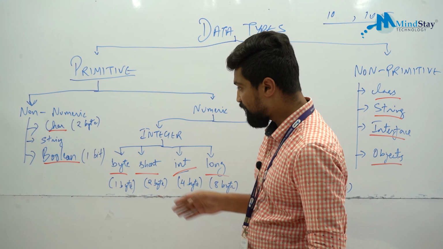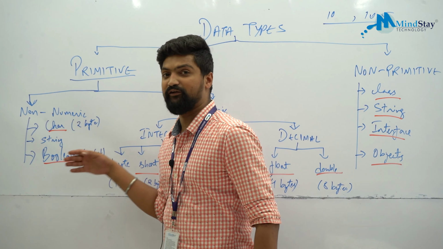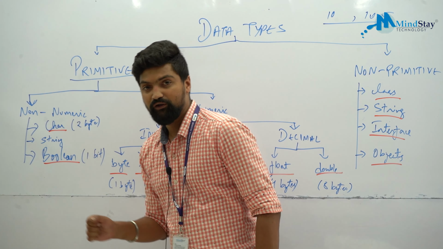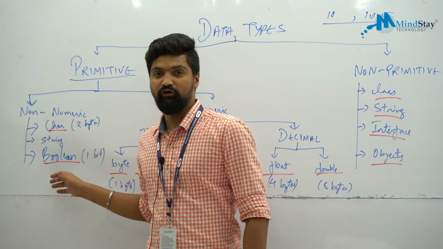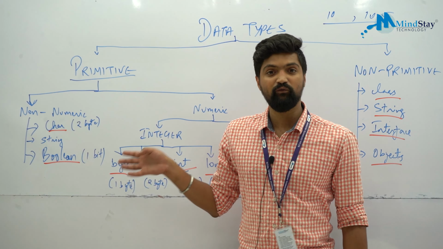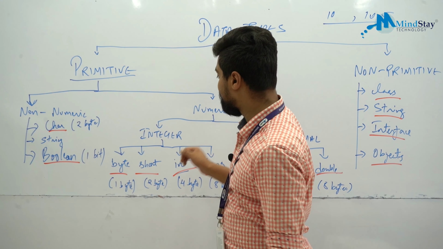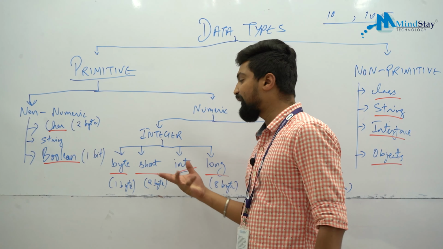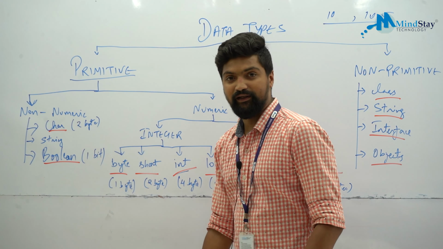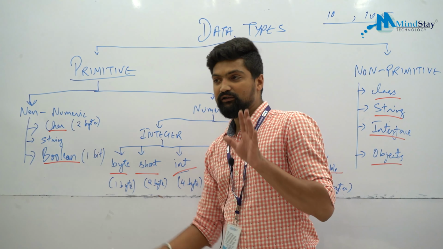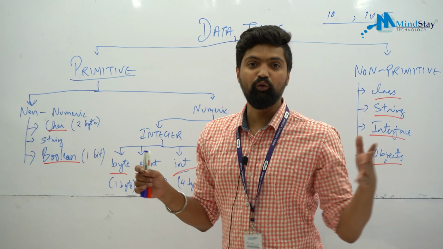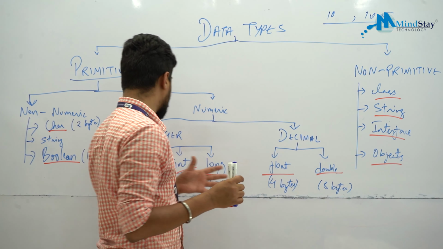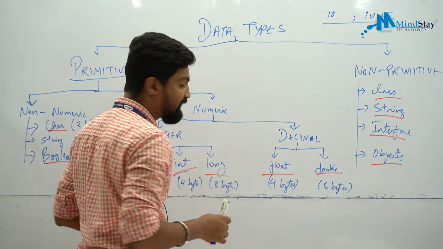Now boolean can only take 2 values, either true or false. It can only reply in 2 ways, either 0, 1 or true, false, wherein 0 is false and 1 is true. Byte can take an integer value up to a certain range, not more. We'll be sharing all the details on the screen, how much byte can take.